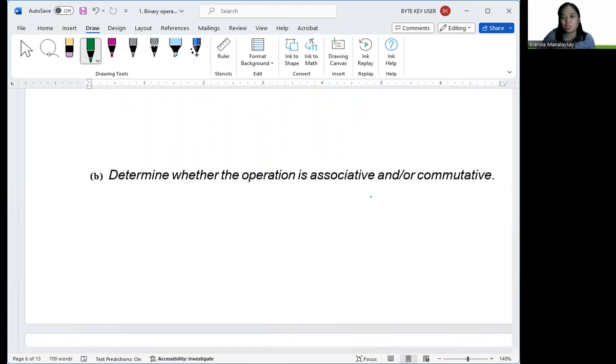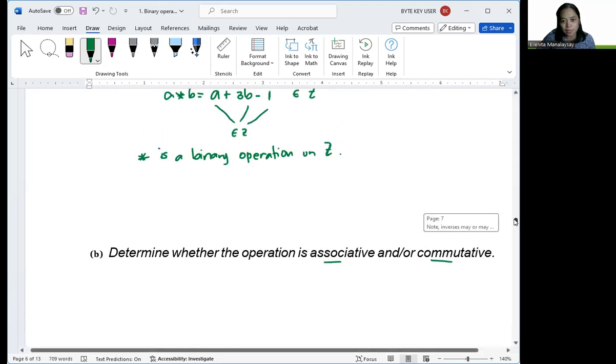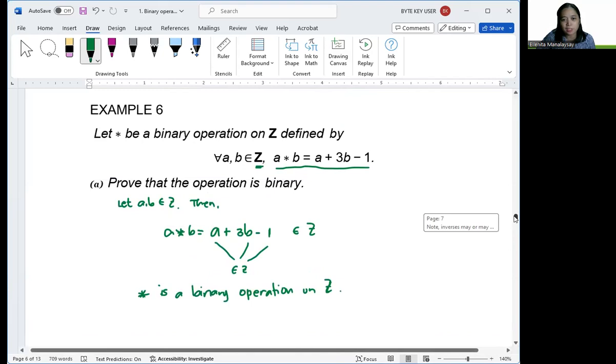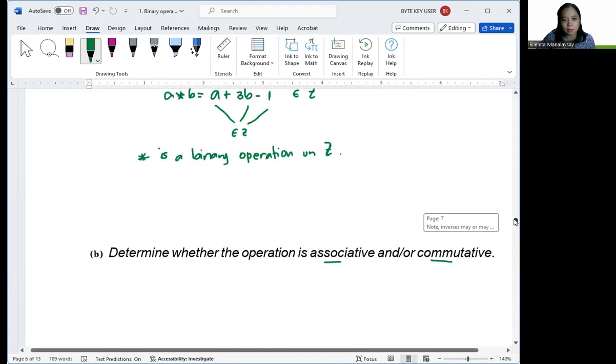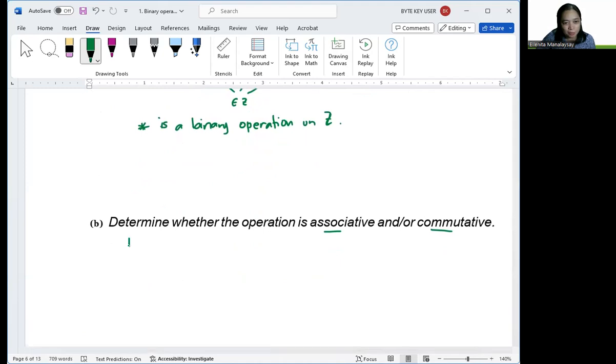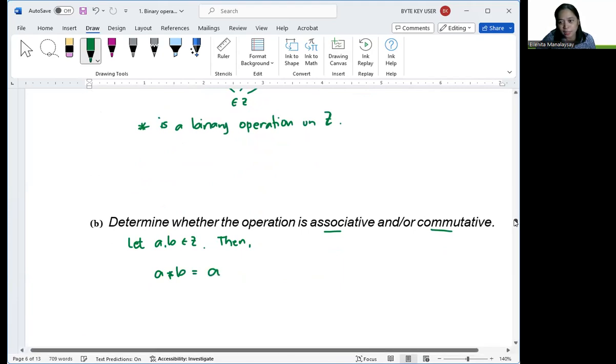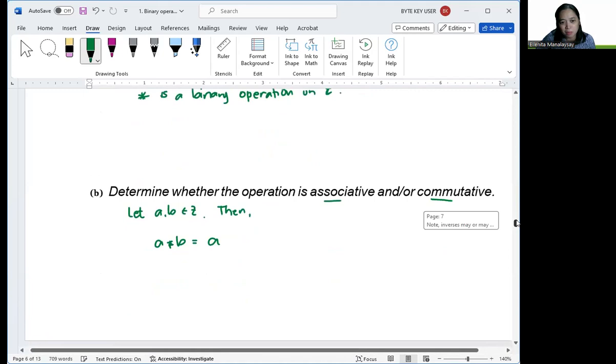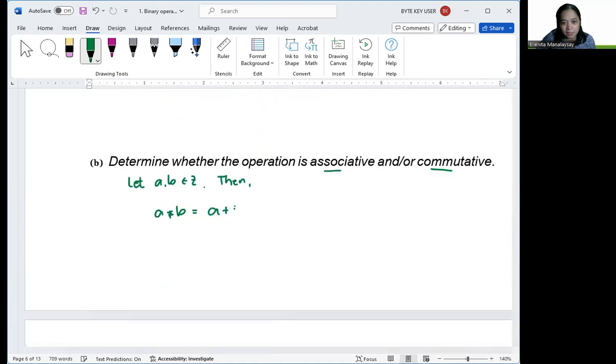Determine whether the operation is associative and/or commutative. Let's see. How do we define A star B? A plus 3B minus 1. So again, we will let A and B be integers. Then A star B is equal to A plus 3B minus 1.